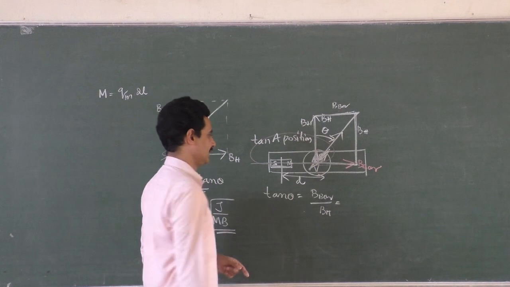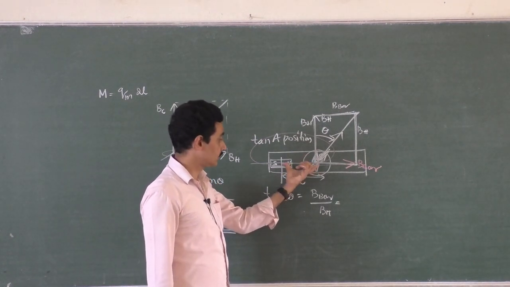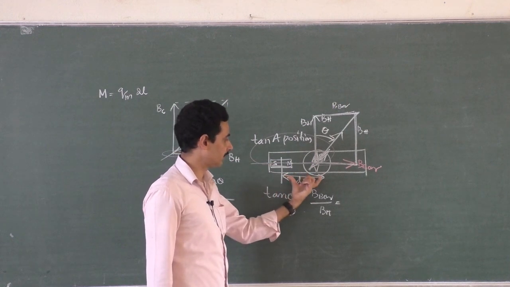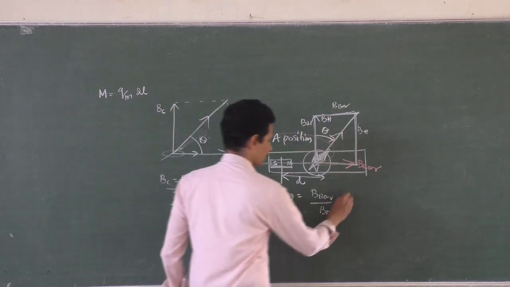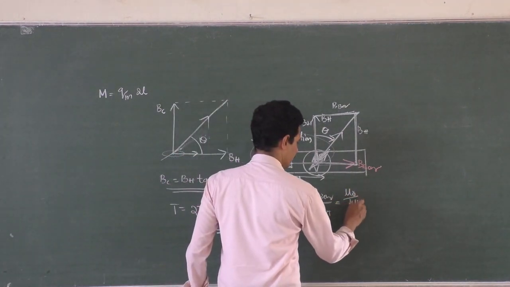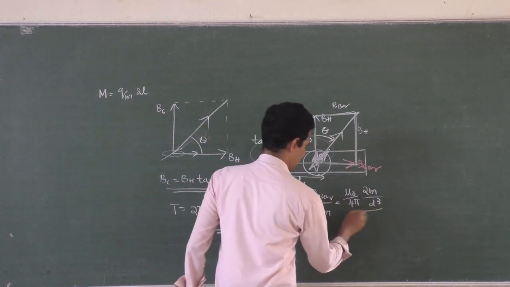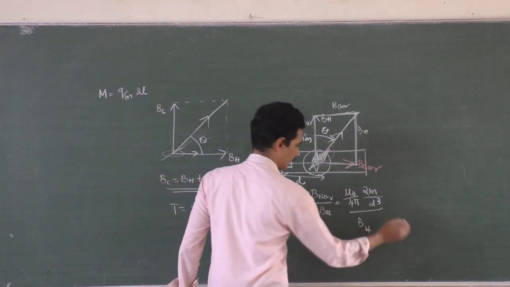Suppose this distance is D. If the needle is kept at a distance equal to D from the center of this bar magnet, then you have to find the magnetic field due to the bar magnet along the axial line. So that is equal to mu naught by 4 pi, 2m by d cube, divided by BH, right?